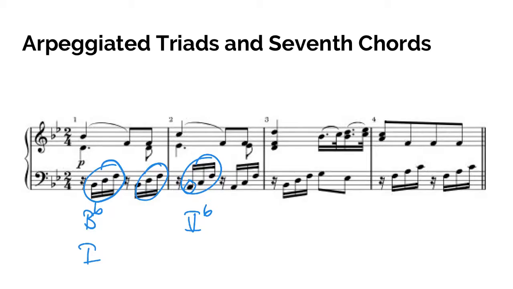Technically a 5-6-5 because it's a 7th. Okay, and then here we're back to B flat. Okay, and then we have a 5 chord again. So as you can see, it's arpeggiating the B flat chord, the F chord, the B flat chord, and the F chord.